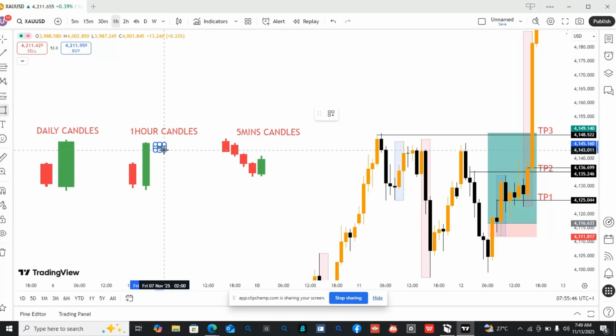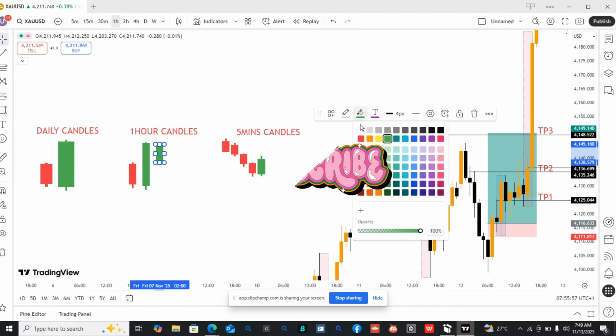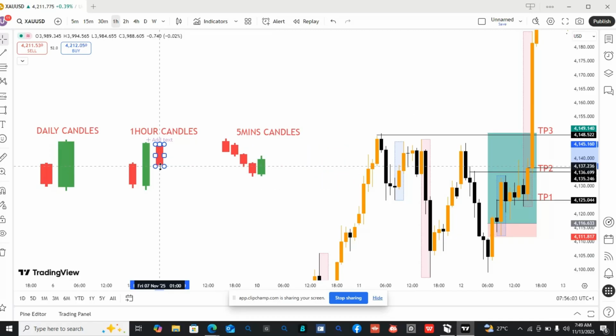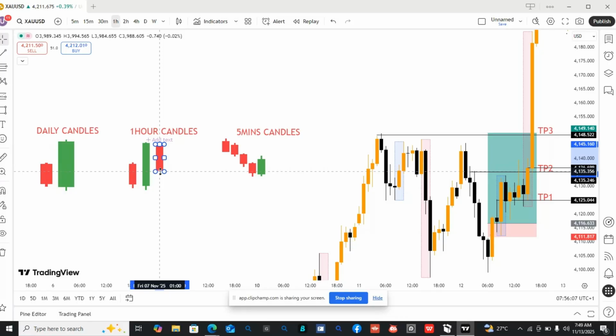Let me change it to red color. This thing will start coming down, forming candles like this on a 1 hour time frame. This is what we notice.